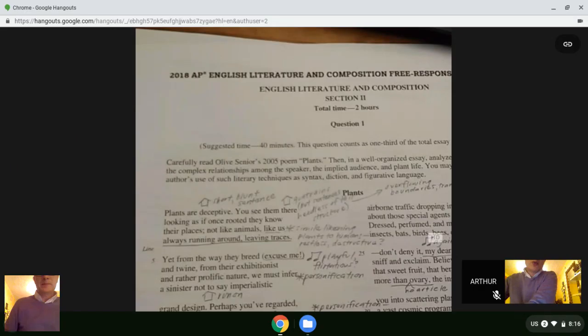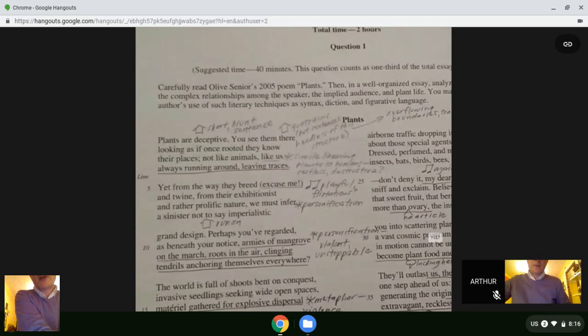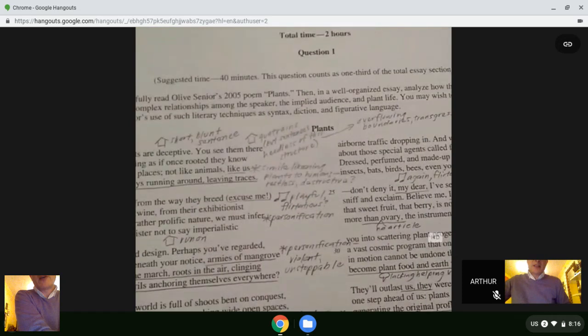Are plants like human beings in the sense that they are restless and personification? There's a long extended personification that occurs here. And as you can see, there are different characteristics that go along with that personification: sinister, imperialistic.